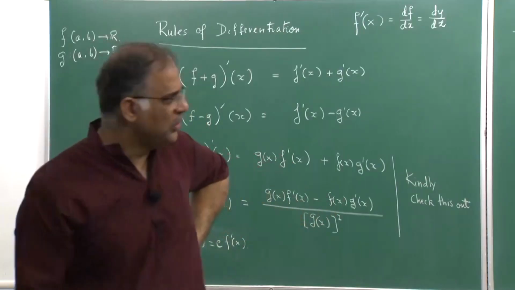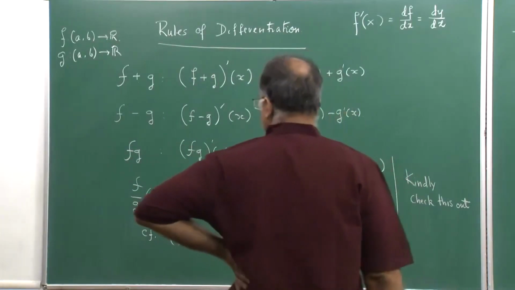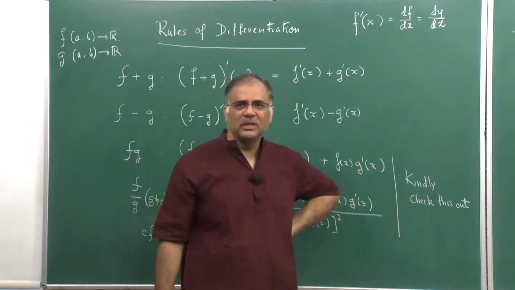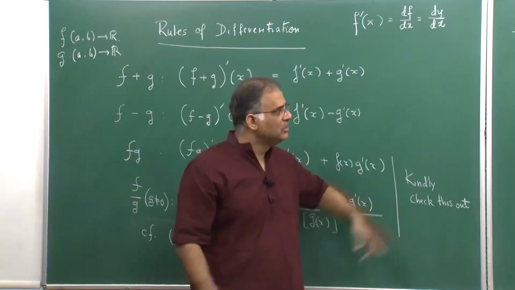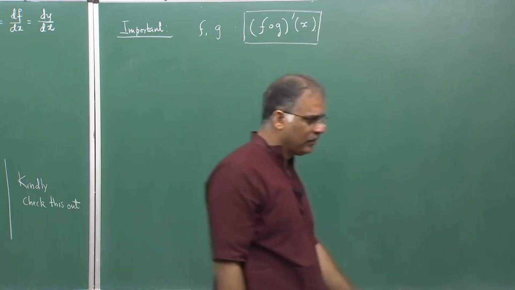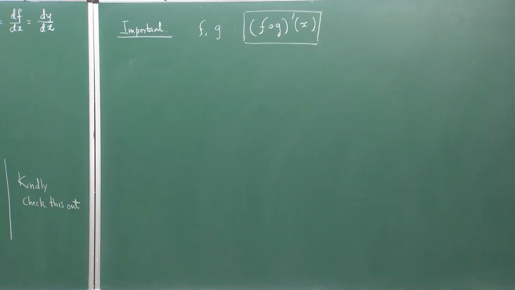Yes, this is the chain rule, but the ease with which you will prove this, with the same ease you will not be proving this thing, and you need to be slightly careful when you talk about this problem.